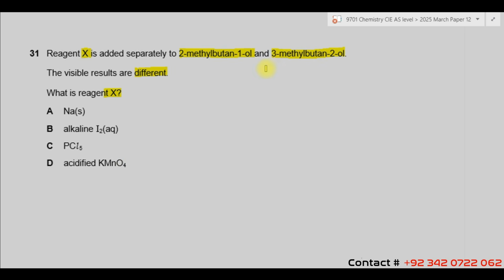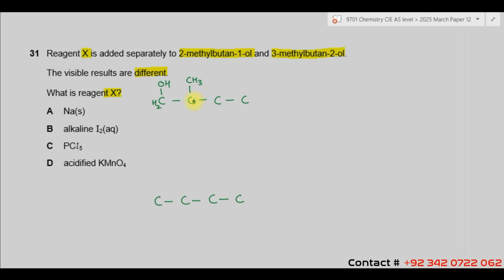Let's draw these two. Butane means 4 carbons. Two methyl, on second carbon we have methyl group. 1-ol, on first carbon we have alcohol.